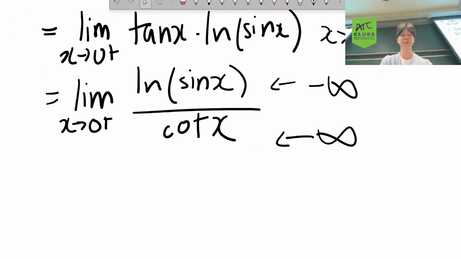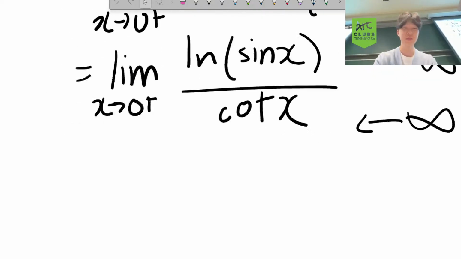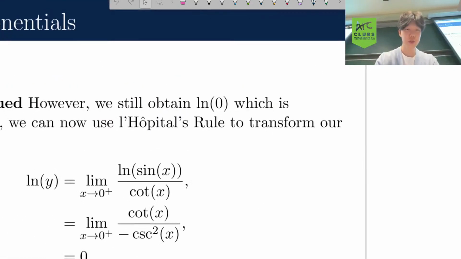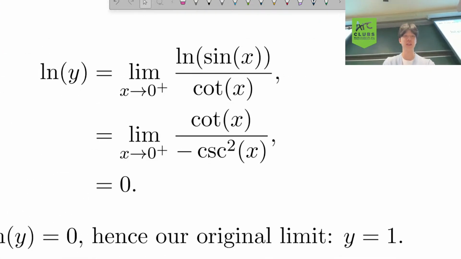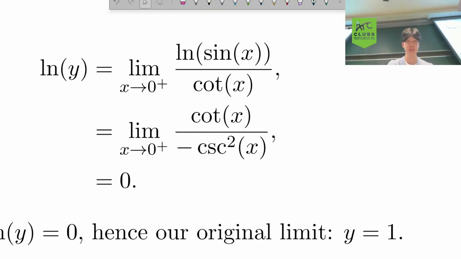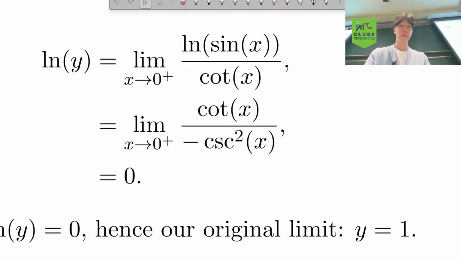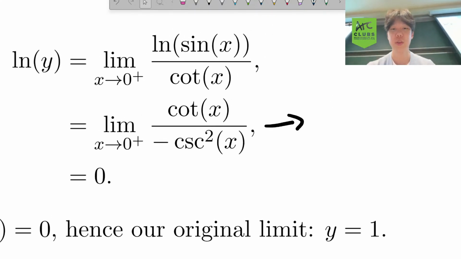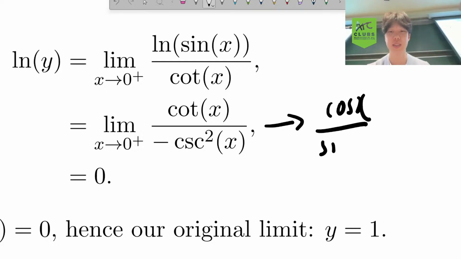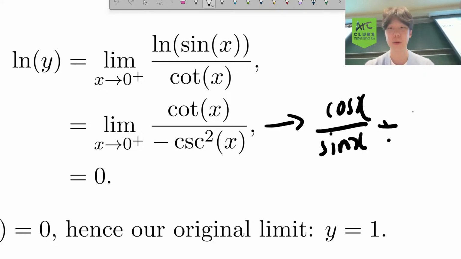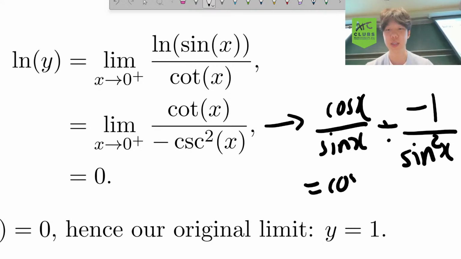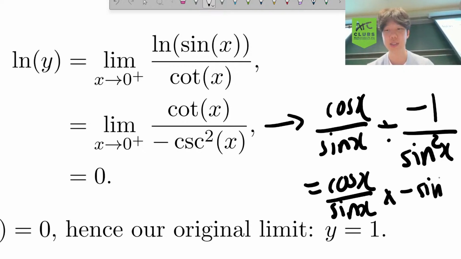That means now we can use L'Hopital's rule. Once we use L'Hopital's rule, we get the limit as x approaches 0 from the positive direction of cot x over negative cosecant squared x. We know cot x is cos x over sine x, and I have to divide that by negative 1 over sine squared x, which is cos x over sine x times negative sine squared x.